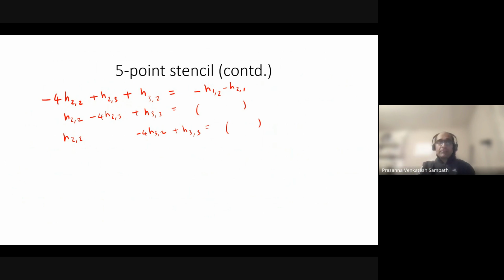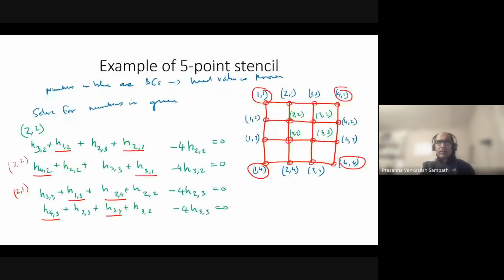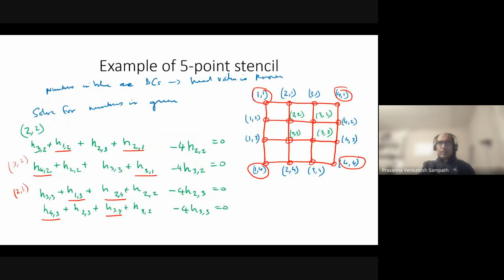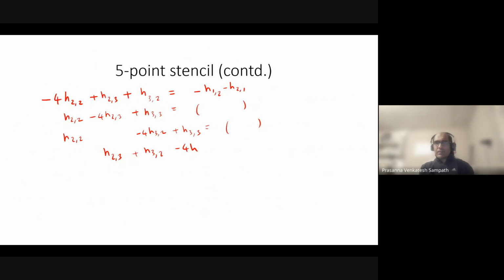And then finally the last term, 3 comma 3. So I will write that as follows: h of 2 comma 3 plus h of 3 comma 2 minus 4 h of 3 comma 3 equal to some constant.